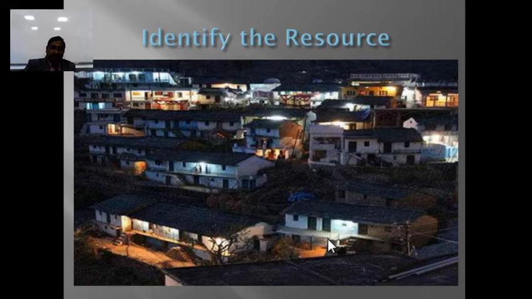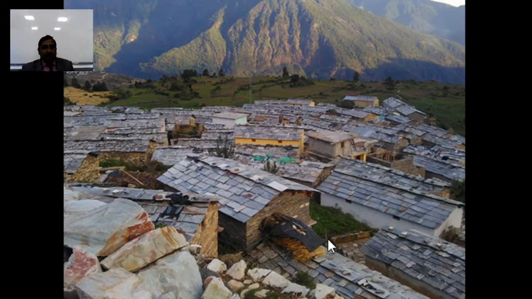Coming to the next picture, here is a wonderful example from a Himalayan state where you can see nature.